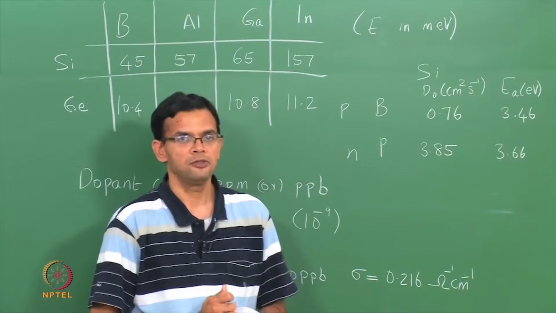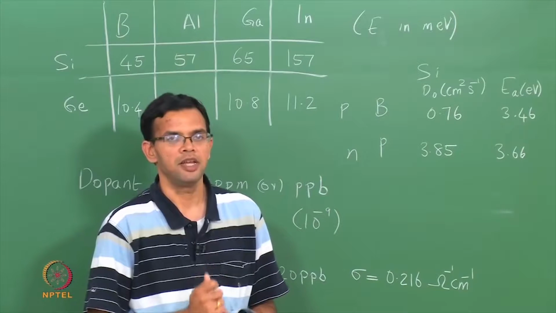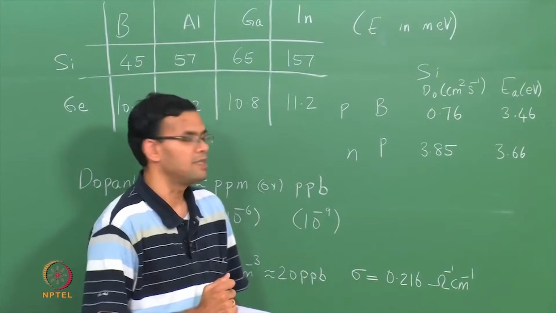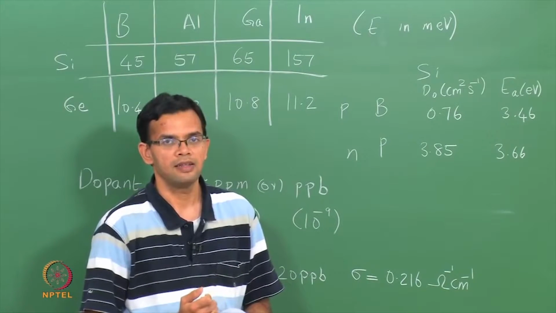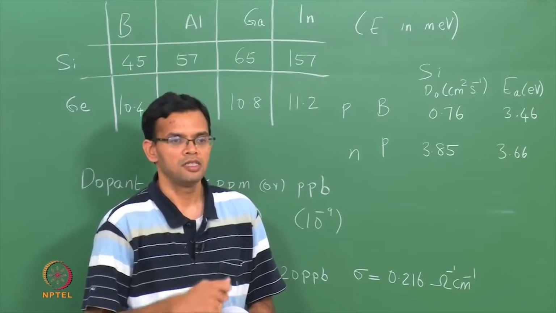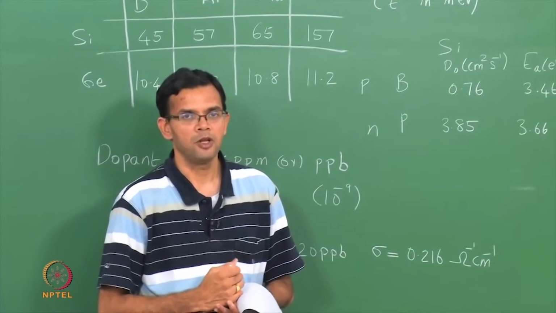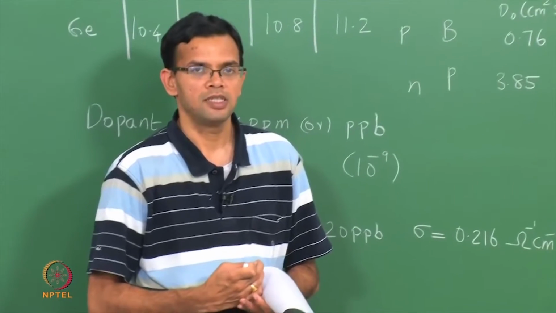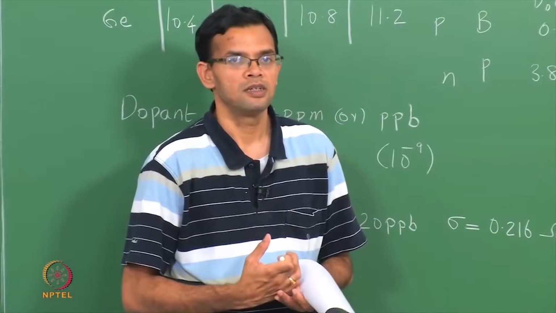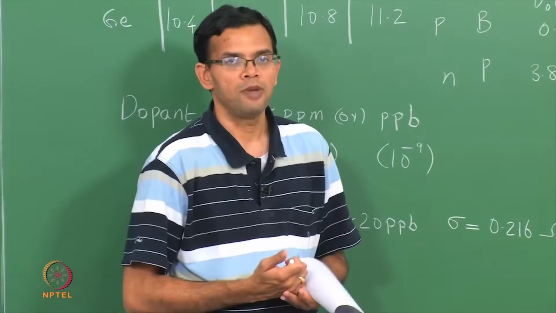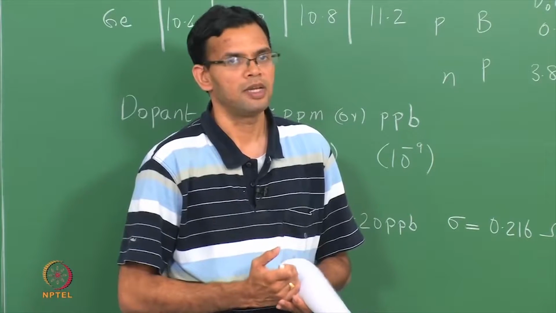So far you have seen two semiconductors, silicon and germanium. You have looked at some examples of dopants, calculated the ionization energies. Since both silicon and germanium belong to the same group, we essentially use the same elements. Things become a little more complicated when we look at other semiconductors.